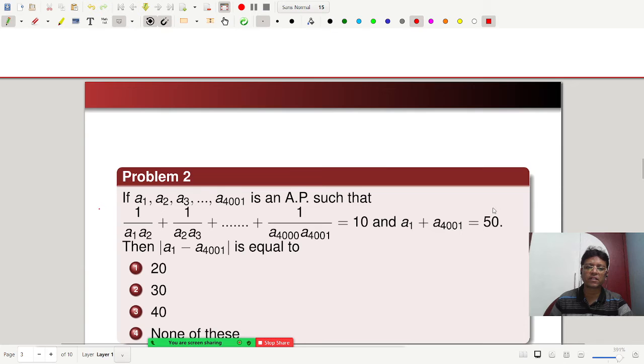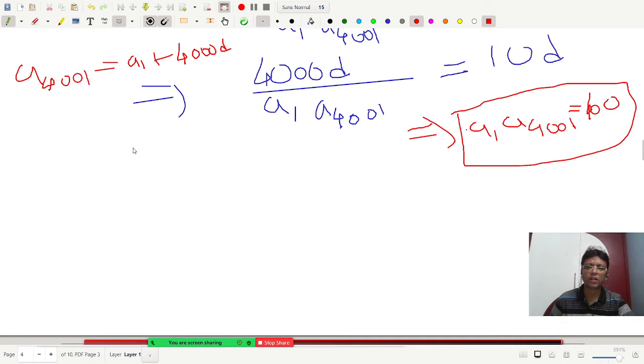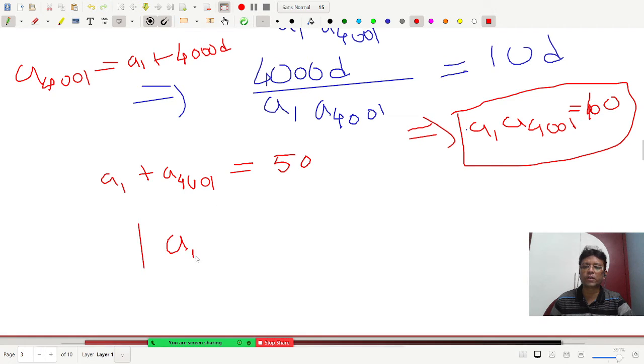It is given that A1 plus A4001 equals 50. So now let us calculate modulus of A1 minus A4001, whole square, that is A plus B whole square minus 4AB.